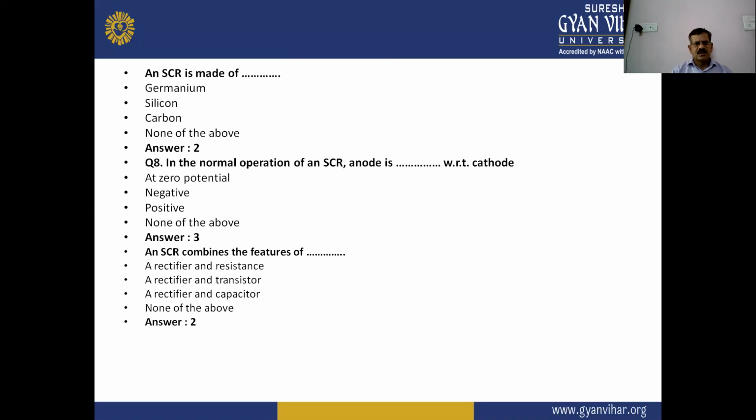So here in SCR, we keep the anode positive with respect to the cathode. The anode is the positive terminal and the cathode is the negative terminal. So the correct answer here is positive, option third.